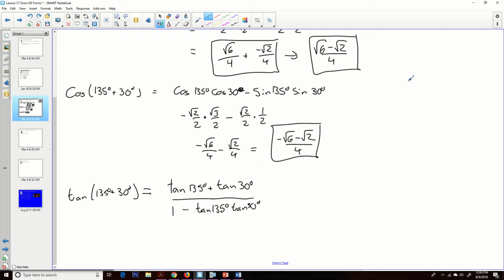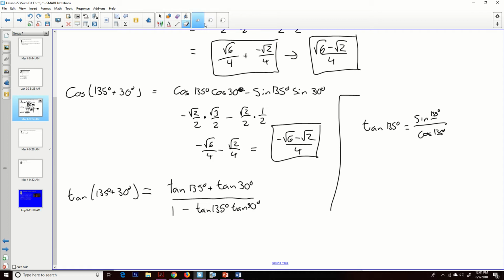I'm going to do those off to the sides here because we have a little bit more of a calculation. It's not right on the unit circle. The tangent of 135 degrees is the same as the sine of 135 degrees all over the cosine of 135 degrees. I don't know why I put a line under there, so I don't want to confuse anybody. So let's do it right.